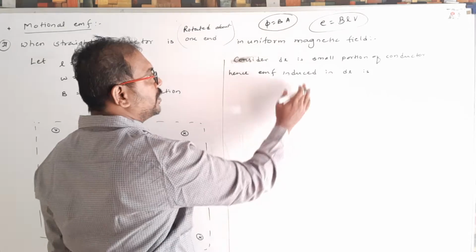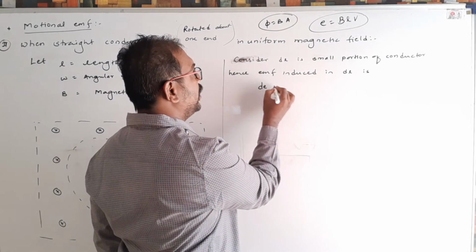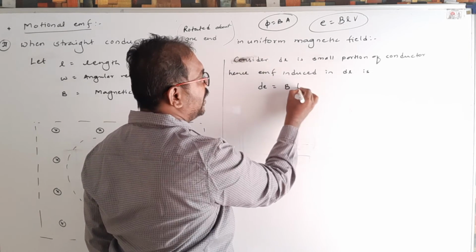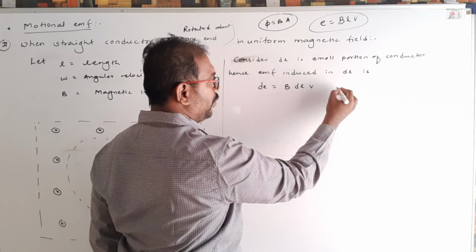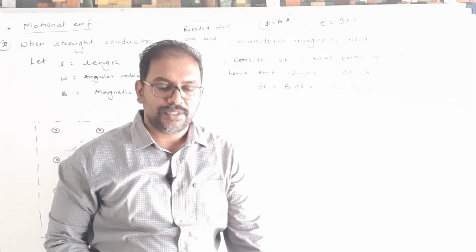This formula we can use. Instead of E, I can use dE because it's a small part. So B is the magnetic field, the length of this part is dl and speed is v. So we get equation number 1. This is the EMF induced.